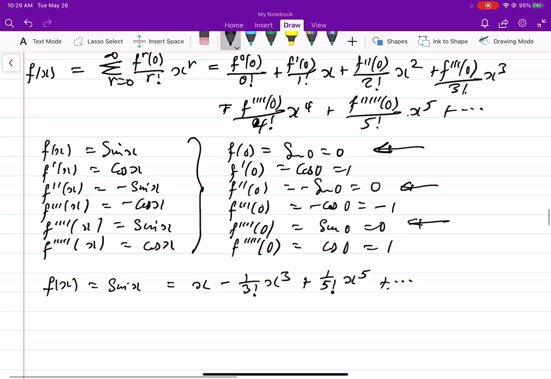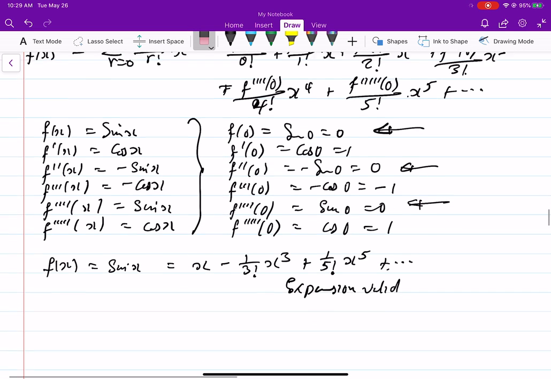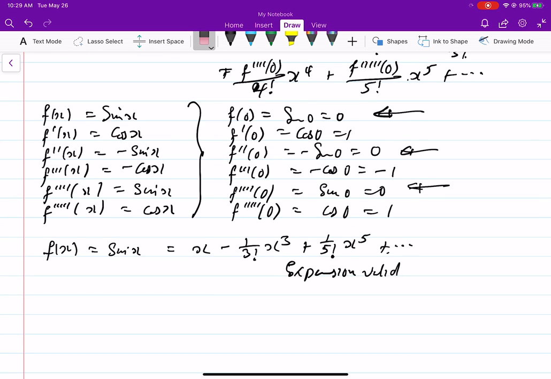This series expansion is also valid for all values of x which are members of the set of real numbers, like so.